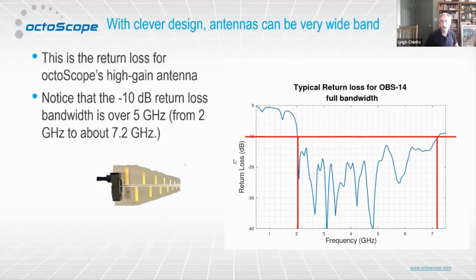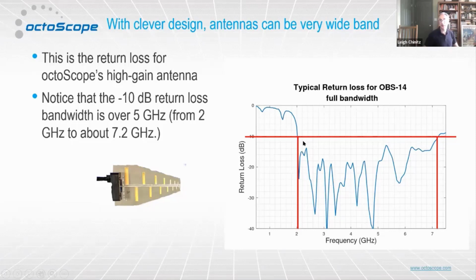In the picture on the right, you can see the return loss plot, same as before, return loss as a function of frequency. If we draw a line at negative 10 dB, you can see that the negative 10 dB return loss bandwidth for that antenna is over 5 gigahertz, not operating at 5 gigahertz, but 5 gigahertz of bandwidth, from about 2 gigahertz up to over 7 gigahertz.